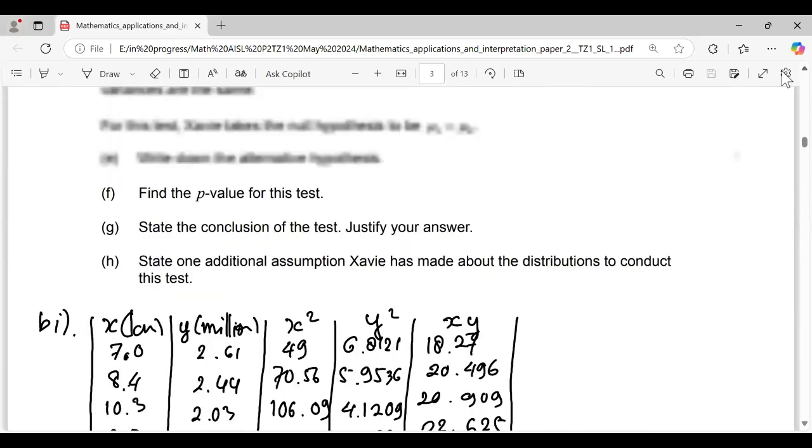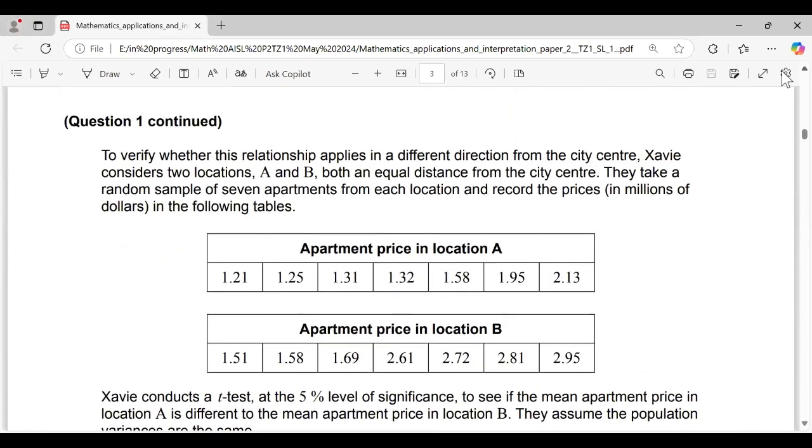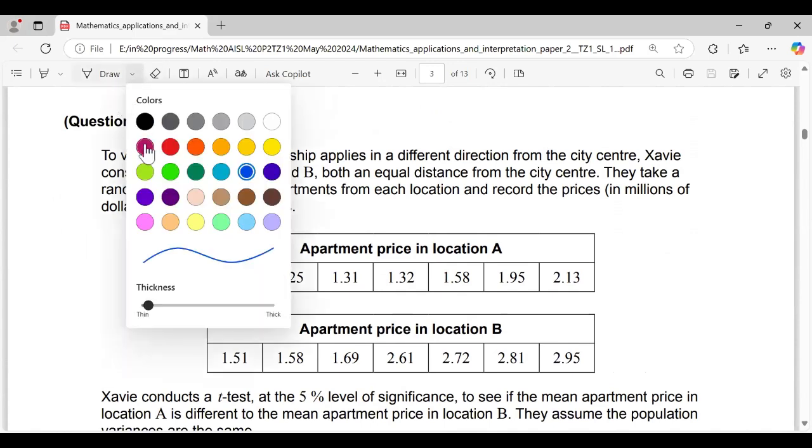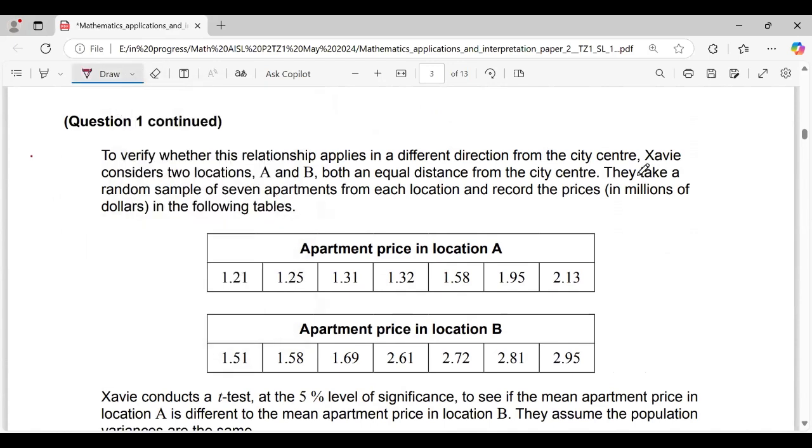Next question. To verify whether this relationship applies in a different direction from the city center, Safi considers two locations, A and B, both an equal distance from the city center. They take a random sample of 7 apartments from each location and record the price in millions of dollars in the following tables.